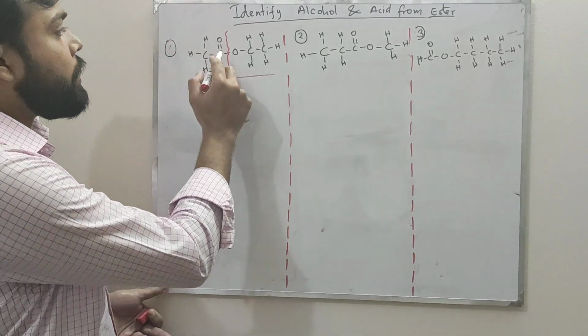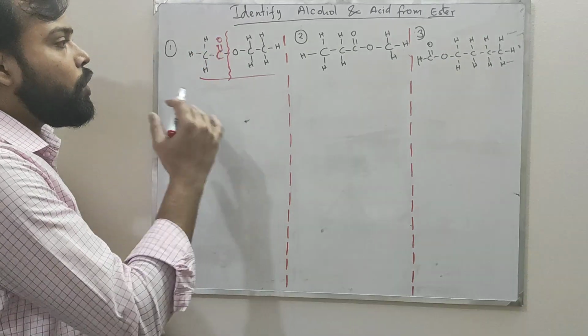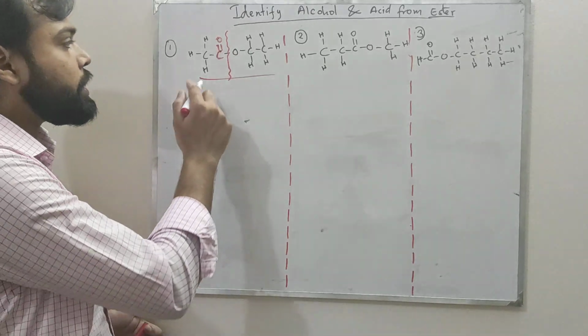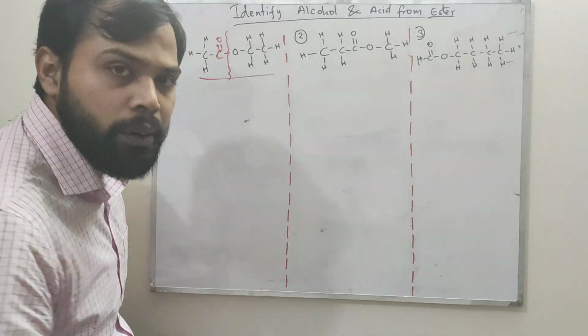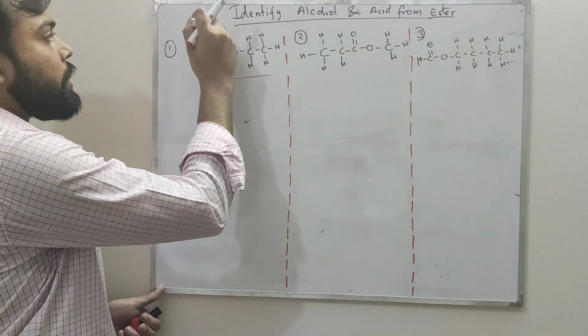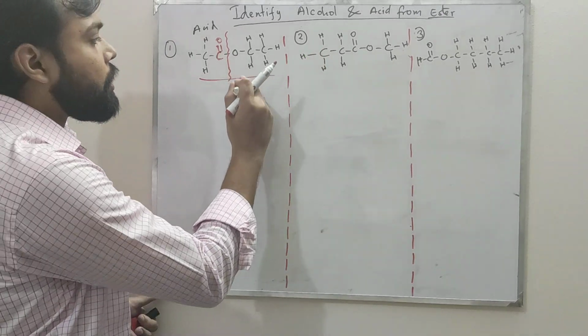You know how I got it? Because this carbon has a double bonded oxygen, right? So always remember, the carbon that has double bonded oxygen is the acid part. So in this ester, this is your acid part, and the other part is your alcohol part.